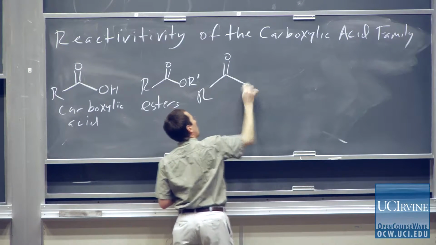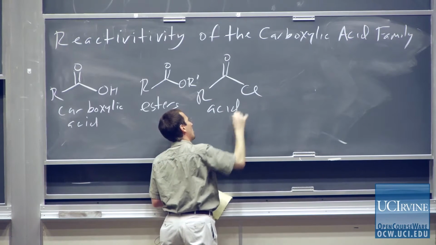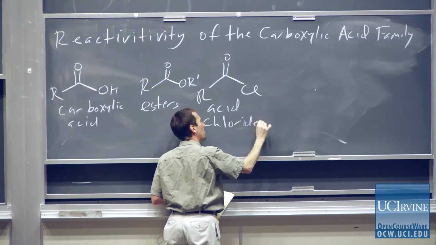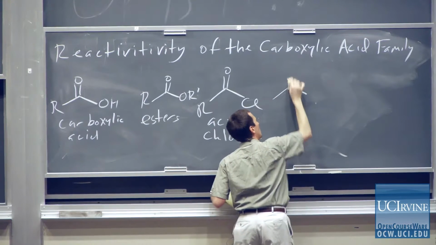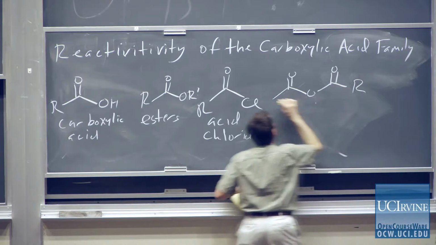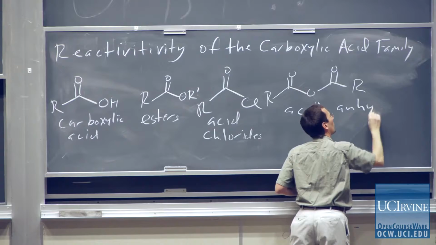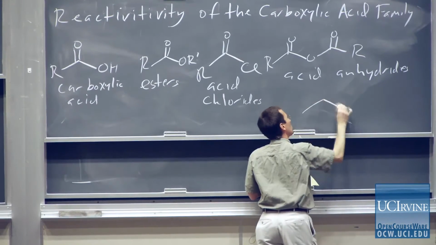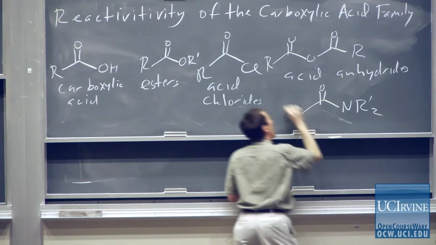I'm going to paint with a very broad brush, and later on we're going to get to a more specific understanding of the reactivity of this broad family. I'll include in the family acid anhydrides, and to wrap up the main members of the family, I'll talk about amides.